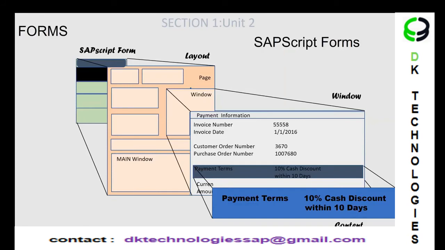They work similar to reports in that they extract data from the database and display it in the output. But with reports, there are certain restrictions on how you can display the data on the screen. Whereas forms come with a better layout editor, which you can use to arrange your document whichever way you want. A typical invoice will have the payer information, the ship-to party information, the item information, all these things.